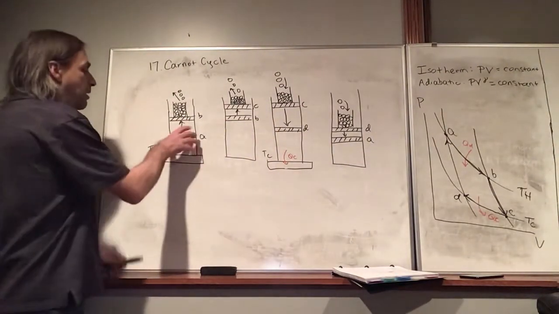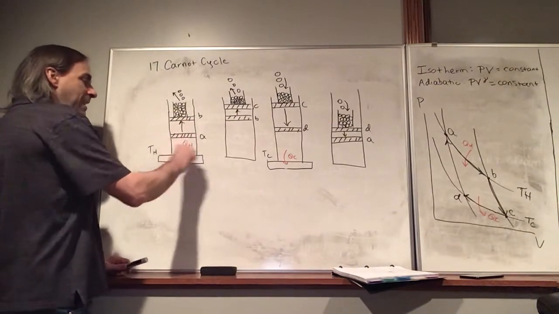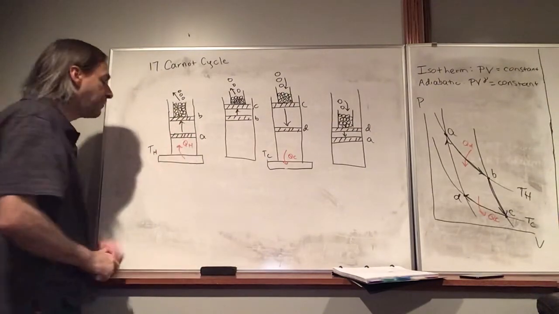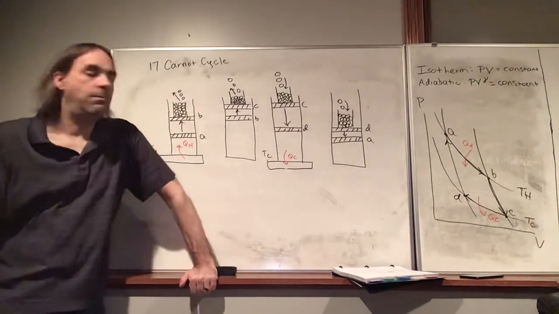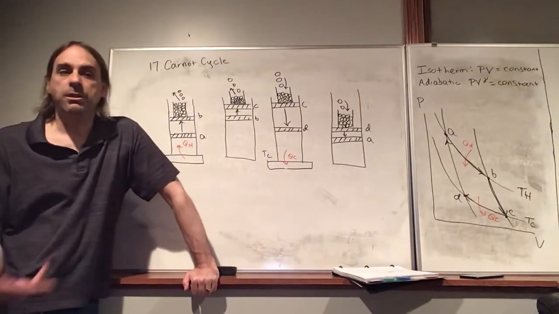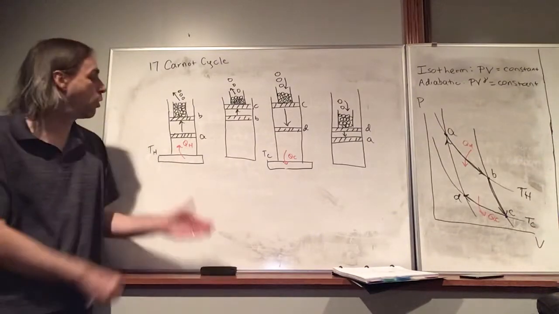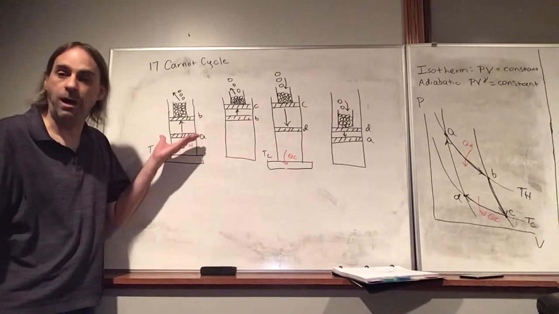So we have our cylinder. This is the piston. The gas is in this small volume here. And we have some mass on top of the piston just to supply pressure, to compensate for the gas pressure pushing up.